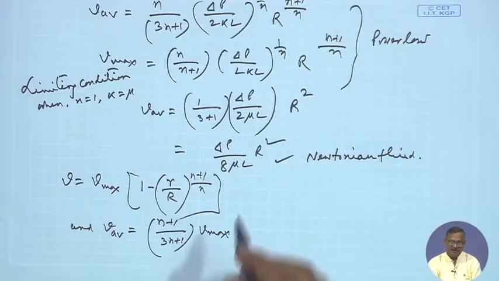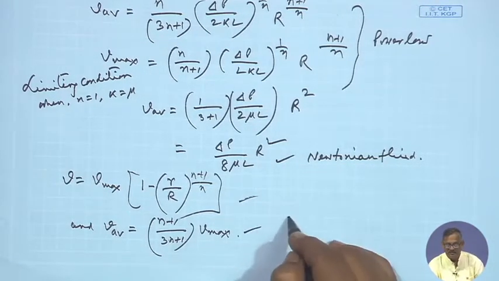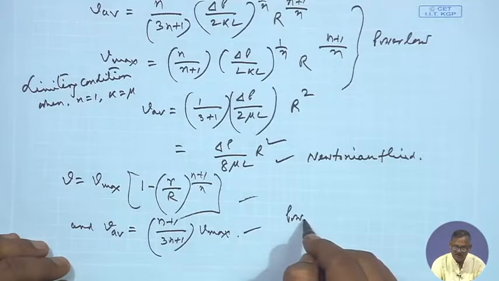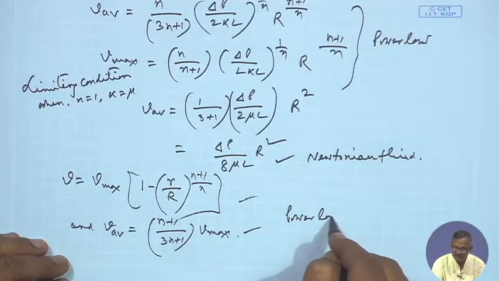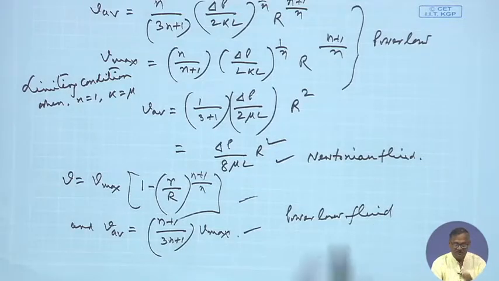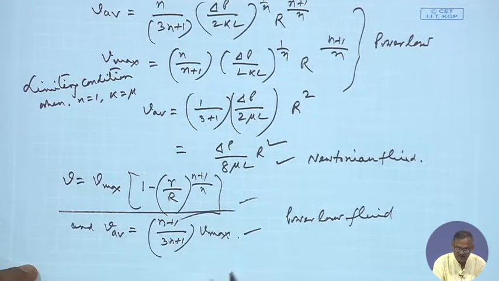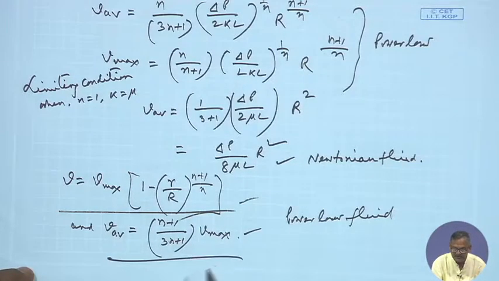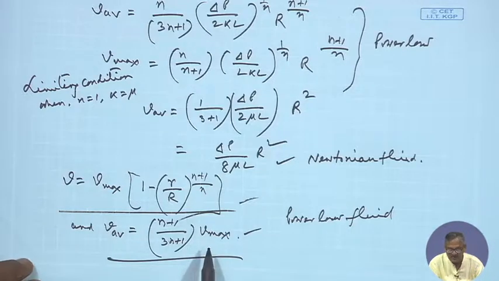This we can write for any power law fluid. So, for power law fluid we saw V is V max into 1 minus (r by R) to the power n plus 1 by n, and V average is (n plus 1) by (3n plus 1) into V max, right.